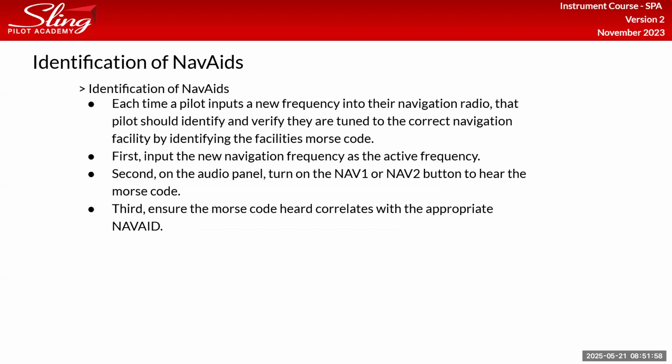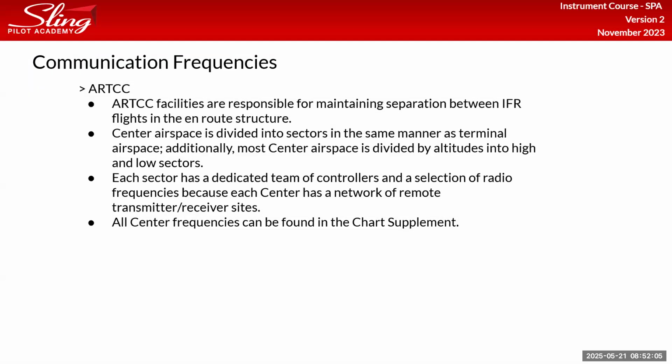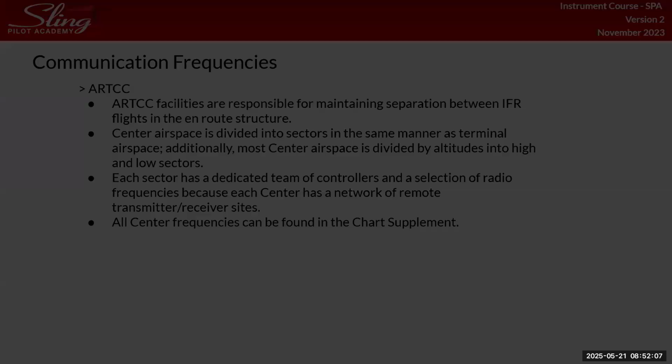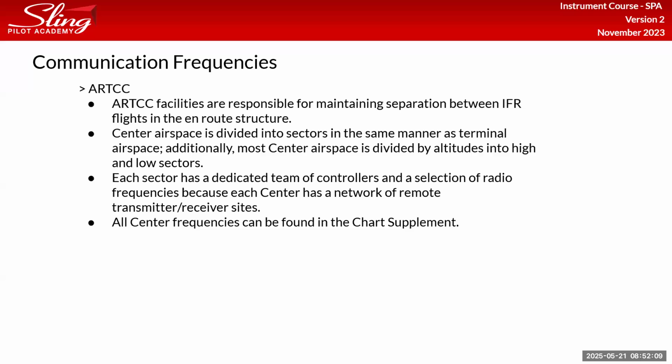And let me just reiterate too, I thought of a better difference. The difference between TRACON and the ARTCC: TRACON is the terminal area. As we said, terminal is usually within 30 nautical miles of a facility.